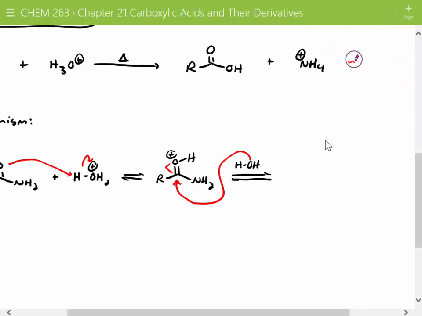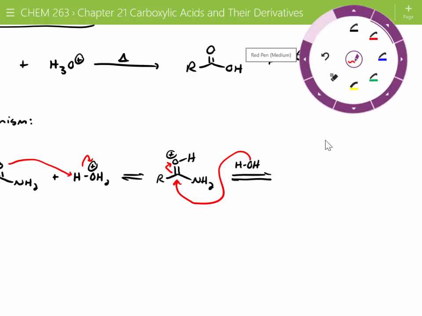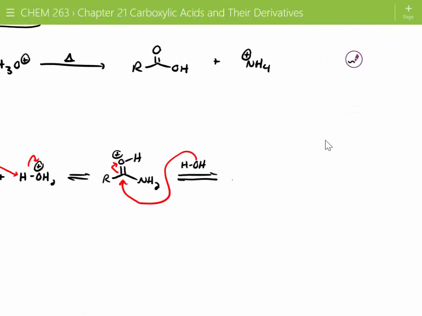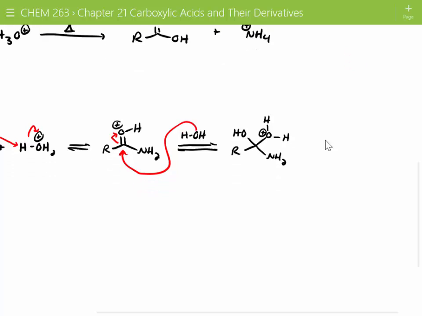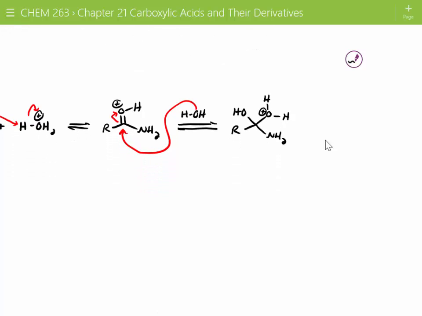And water will just add into our carbonyl. And then we can have another molecule of water do a proton transfer, where it will grab this proton off of the water that just added in. And we end up with our hydrate.